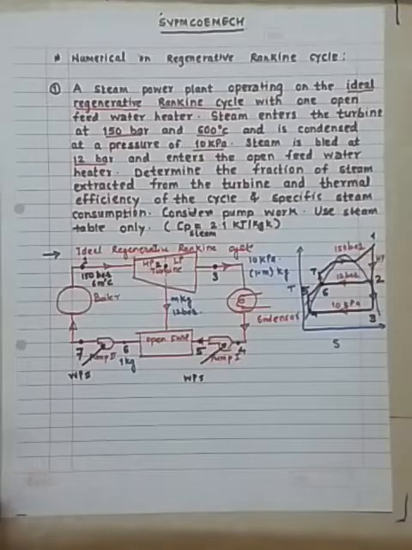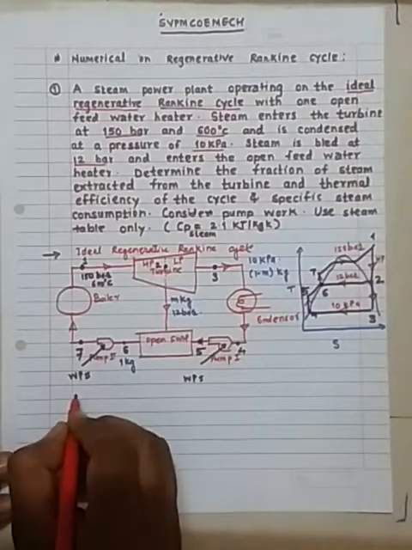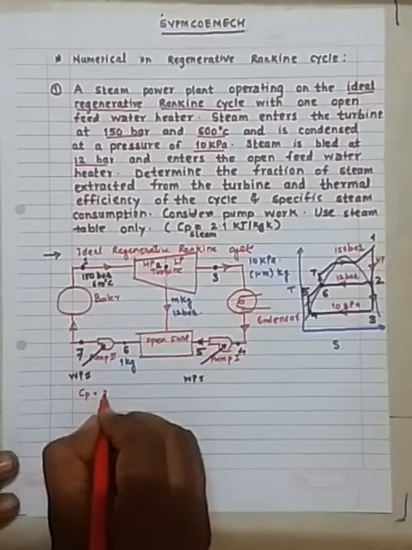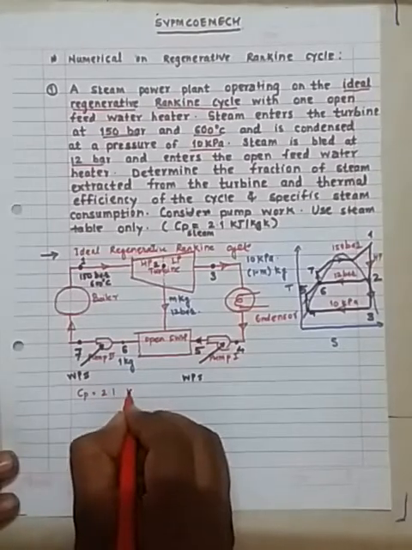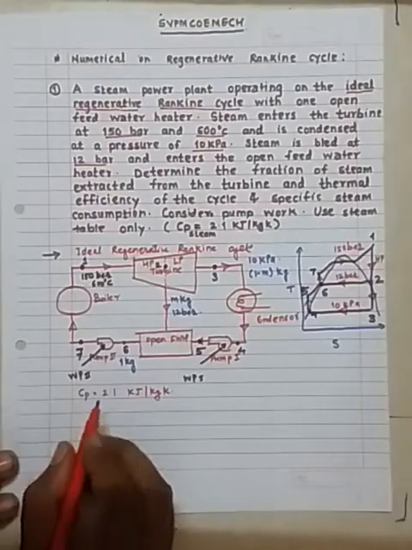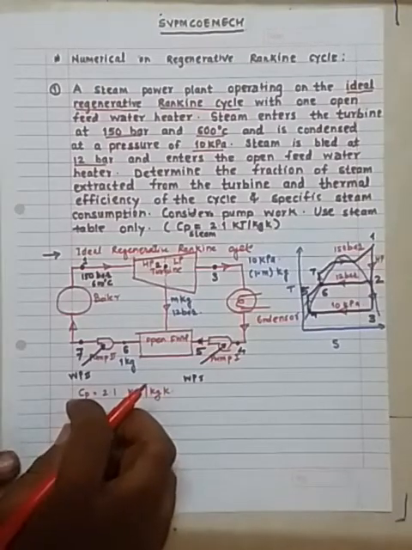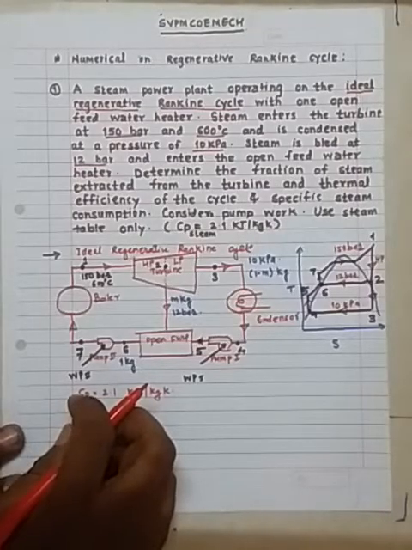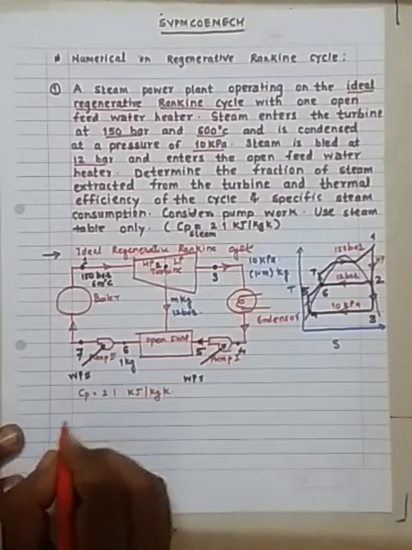Now, what is the next thing that we have? Cp is given, which is 2.1 kilojoule per kg Kelvin. Now, from the steam table we get the following figures.